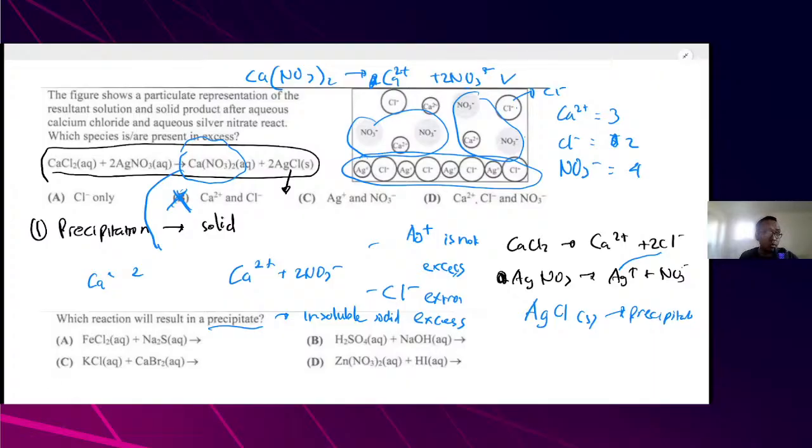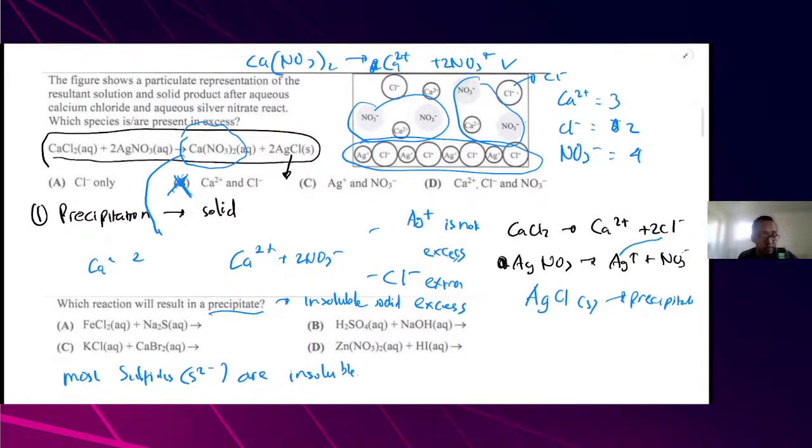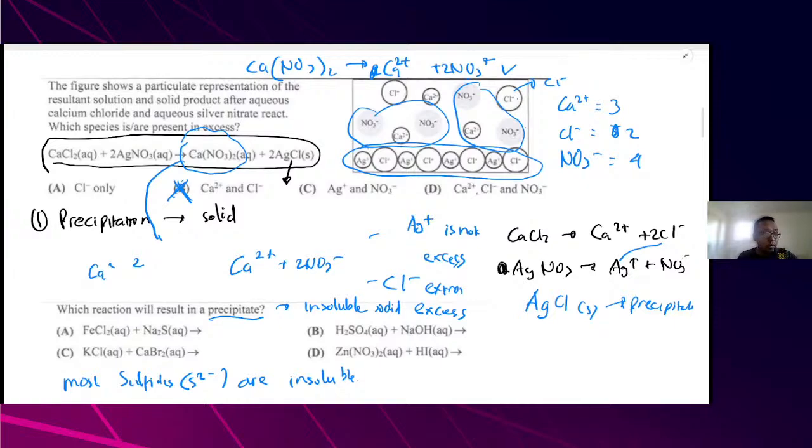Most sulfides, S2 minus, are insoluble. So as you can see, guys, let's test each one by one.